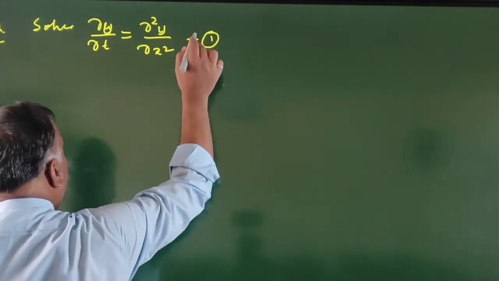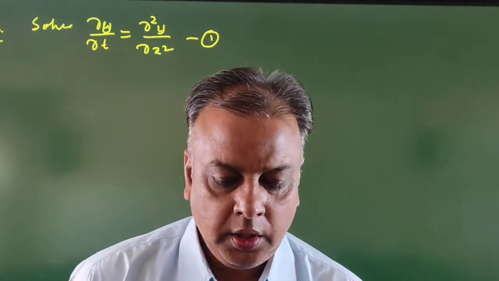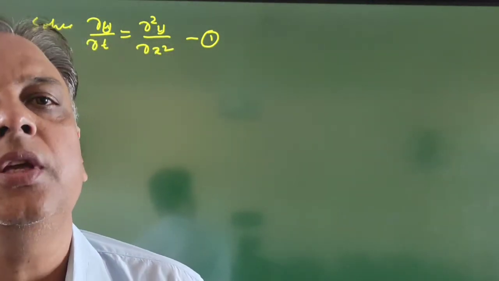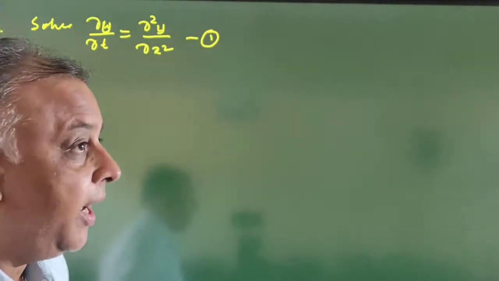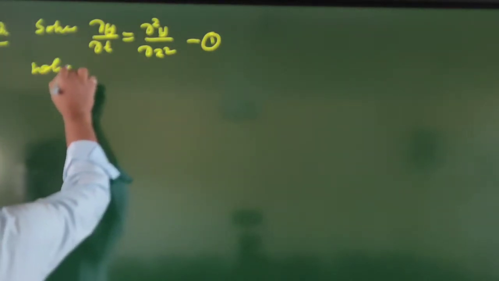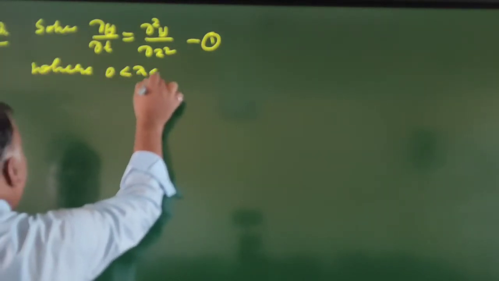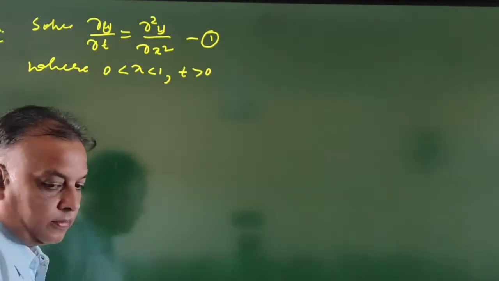Number 1: we have to solve the partial differential equation ∂u/∂t = ∂²u/∂x², where x lies between 0 and 1 and t is greater than 0.